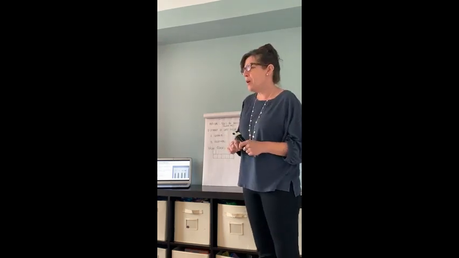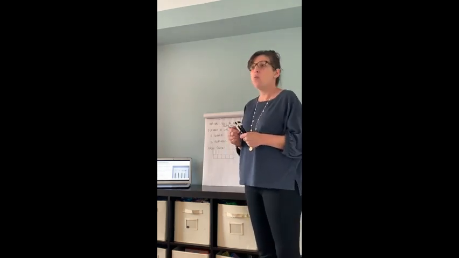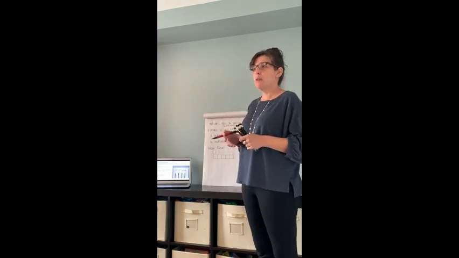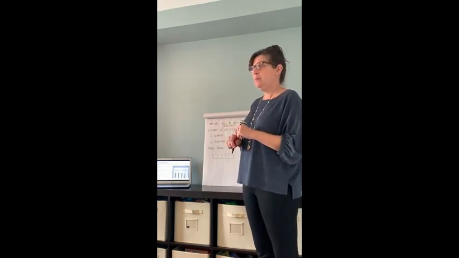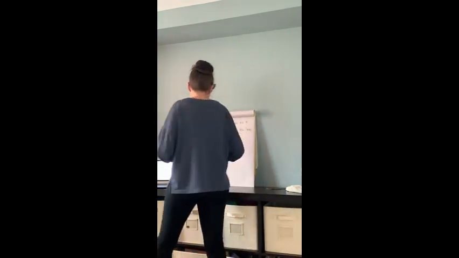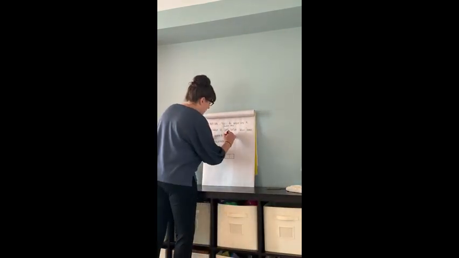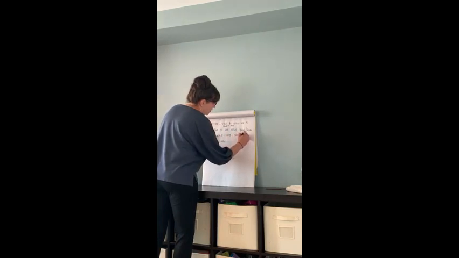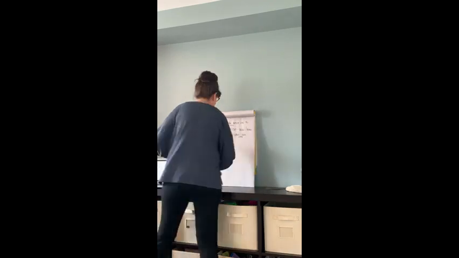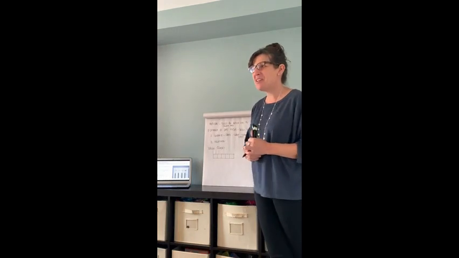What do you think, or can anybody take a guess, what the letter H would stand for? Yes, Tommy. Hard graphite, and it makes very sharp lines. Perfect. So it's a hard graphite, which creates sharp, clean lines. Excellent. That means somebody was listening during our presentation yesterday.